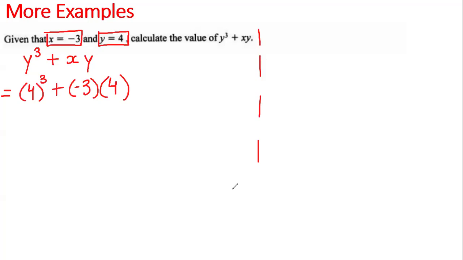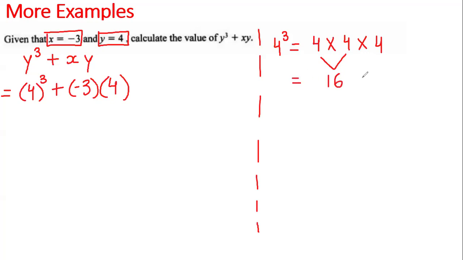It's 4 times 4 times 4. 4 times 4 is what? 16.